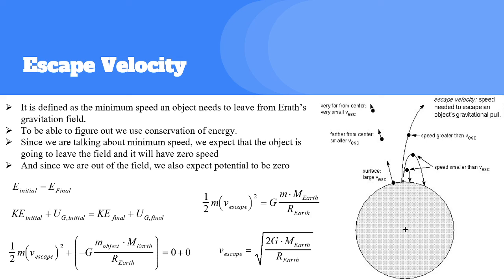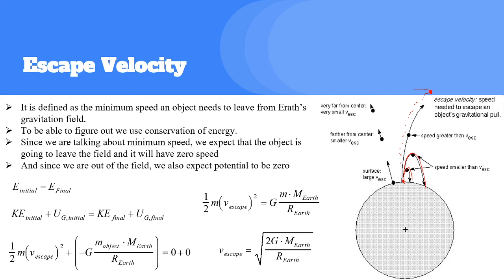All right, what's escape velocity then? Escape velocity is defined as the minimum speed an object needs to leave Earth's gravitational field. If you throw things, they come back to the Earth. But if you have a certain velocity, it is going to be able to actually leave the Earth, and once it leaves the Earth, it is going to have no velocity at all.